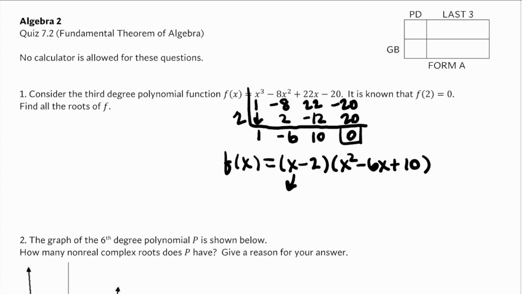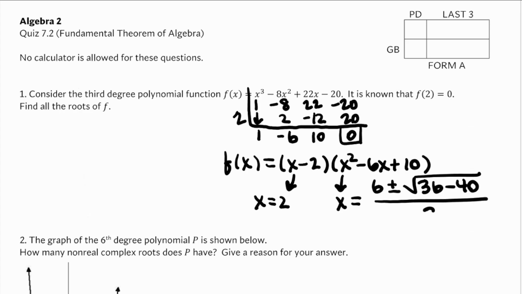We've got here x equals 2. But from over here, we can say x equals negative b plus or minus the square root of b squared minus 4 times a times c all over 2a. Okay, so I've got 6 plus or minus the square root of negative 4, all divided by 2.